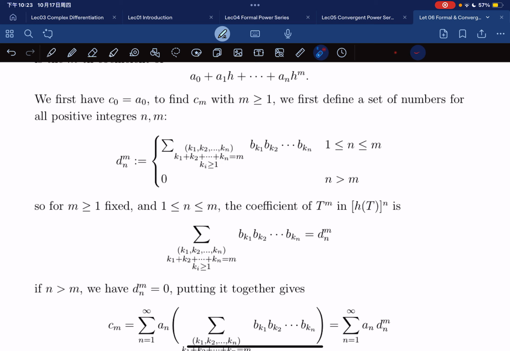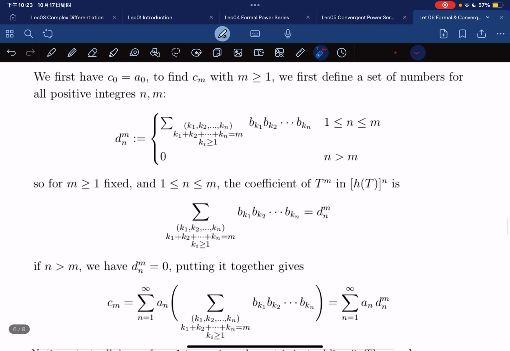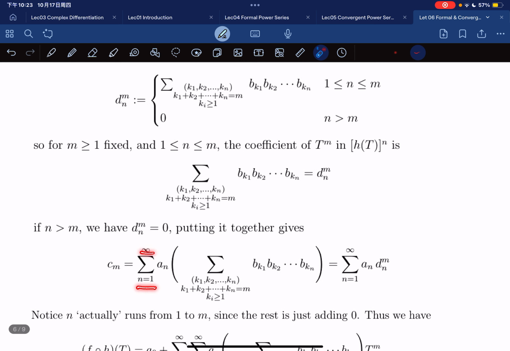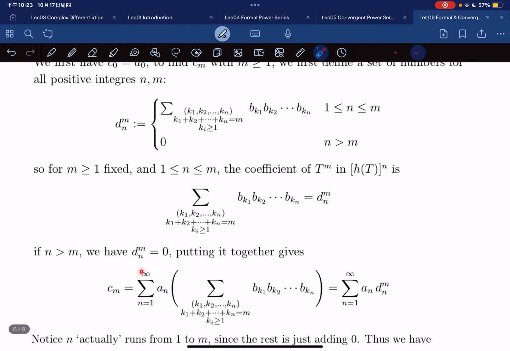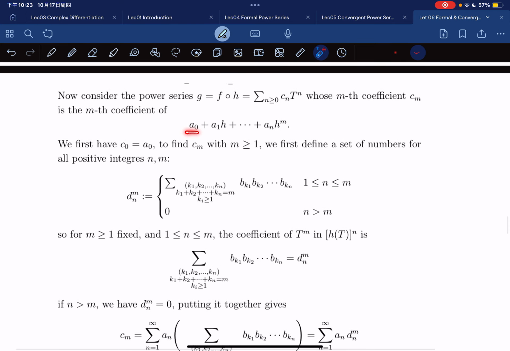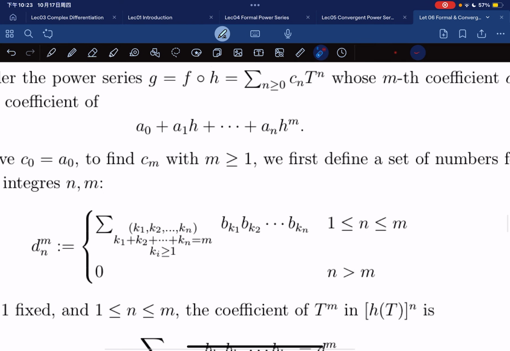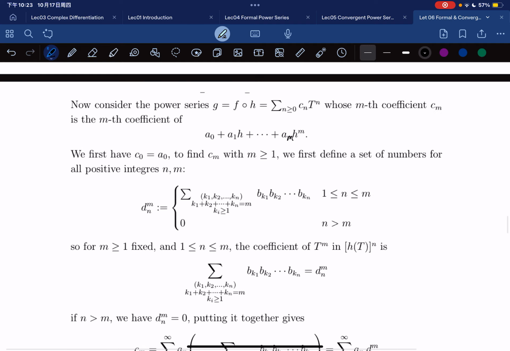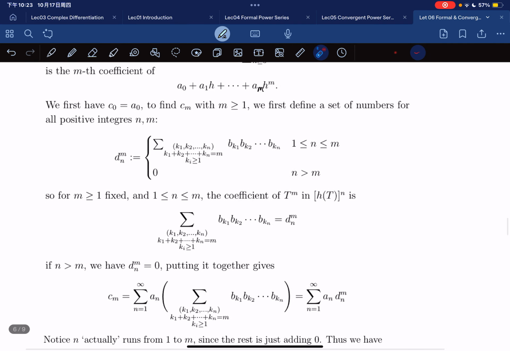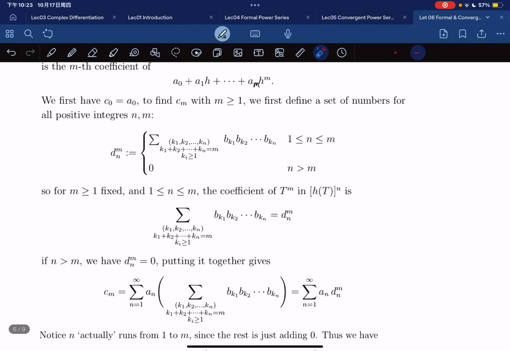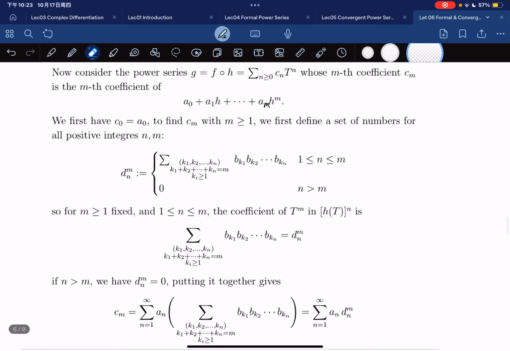So which means that Cm is equal to the sum from n equals 1 to infinity, because eventually it should be equal to 0, so it's actually up to m, of an, a1, a0, a1, an, this should be am, AMHM.